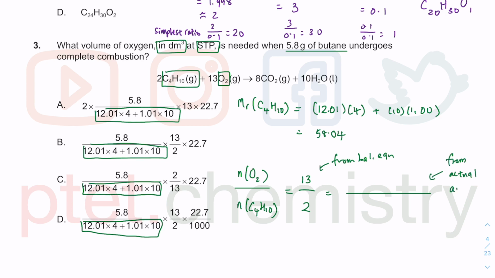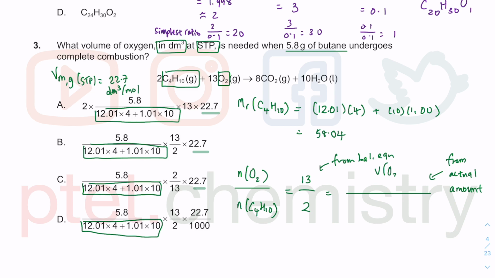On the top, based on my label on the left, I've got mole of oxygen. Here, I want the volume of oxygen at standard temperature and pressure. That is to do with the 22.7. So 22.7 is the molar volume. Molar volume of gas at STP is given as 22.7 dm cube per mole. 1 mole of any gas occupies this volume in dm cube at standard temperature and pressure.